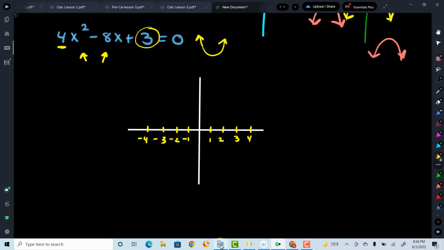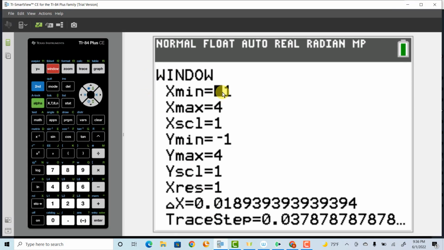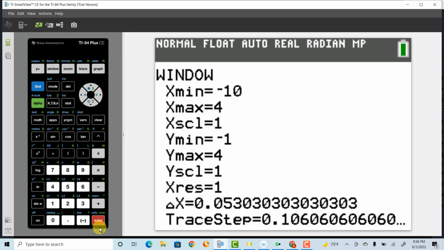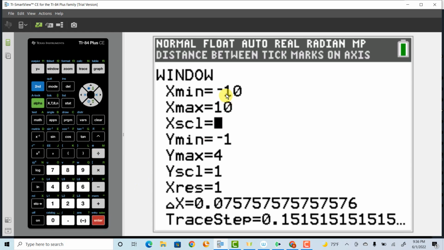So if I go to my calculator, my minimum value was negative, so I'm going to make this a negative 10. My lowest value on the x-axis will be negative 10. Press enter. And then my highest value on the x-axis will be positive 10. That's typically your standard window. We can start with that and then make adjustments if we need to.